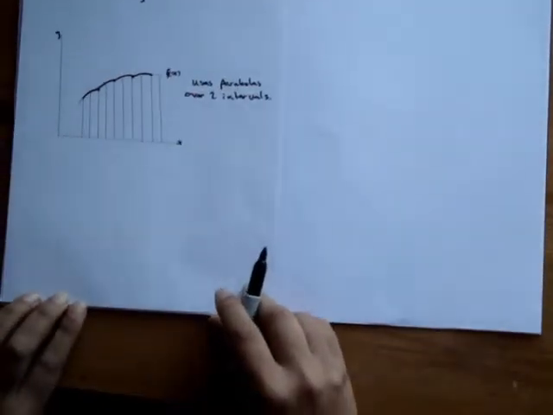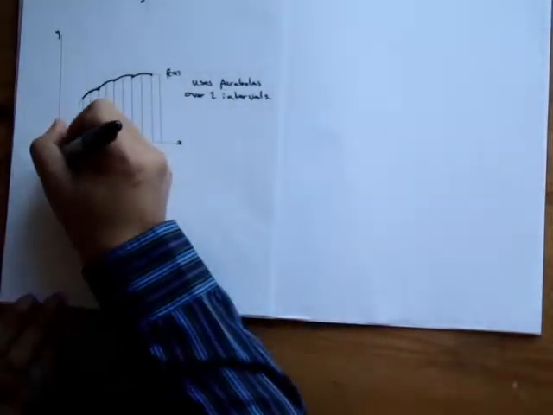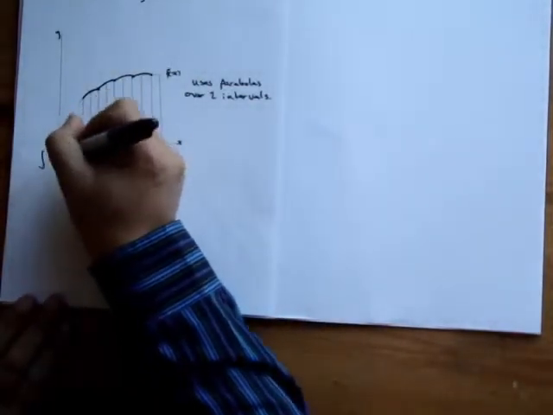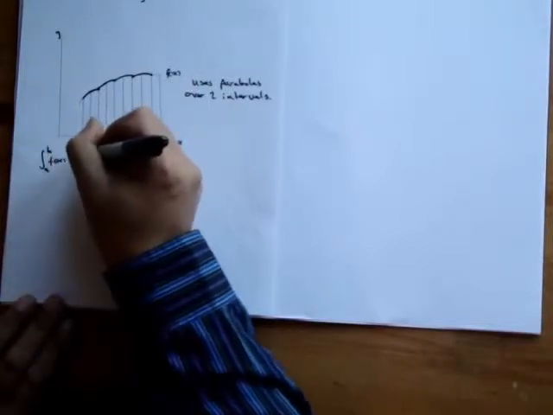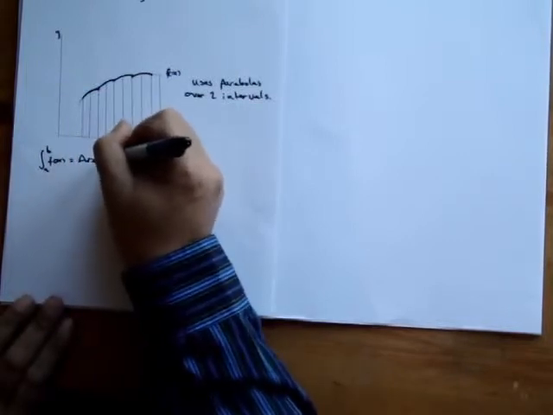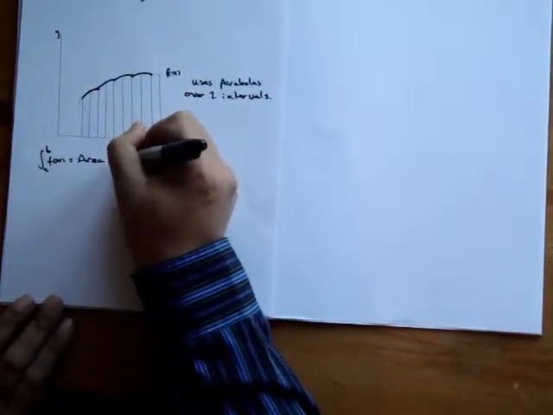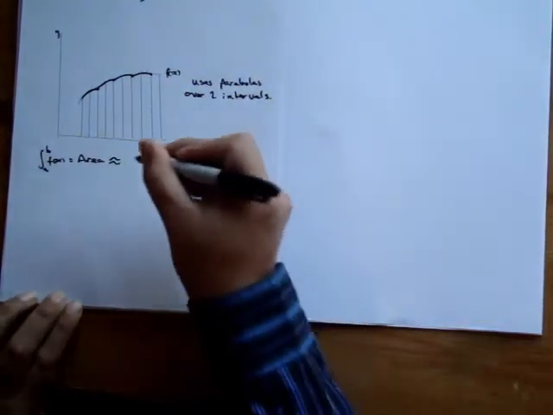And if we write the rule in words, we have the integral from a to b of f of x. So this is the area, and if we apply the rule, we get an approximation of the area.